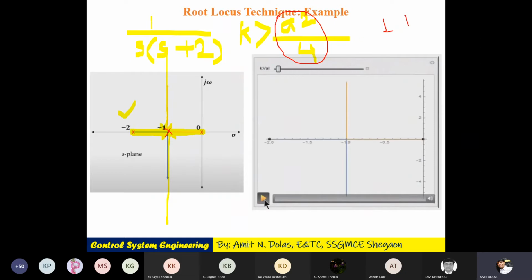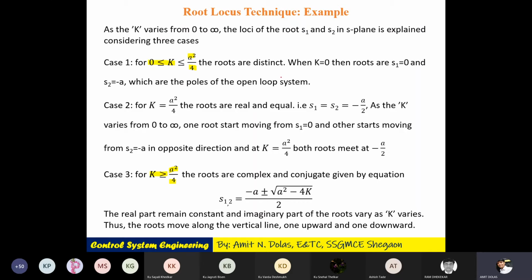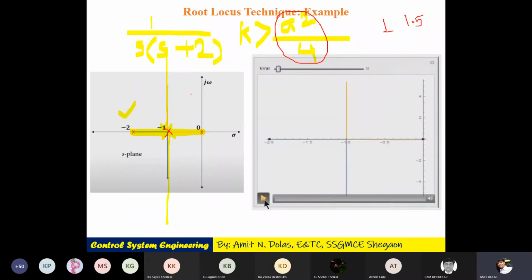But say k is 1.5, then you may use this equation for calculating the complex conjugate. I'll not calculate here. You know how to calculate. You will get a certain value of complex conjugate. Suppose you got the pole location here, you will get exactly the opposite mirror image here.